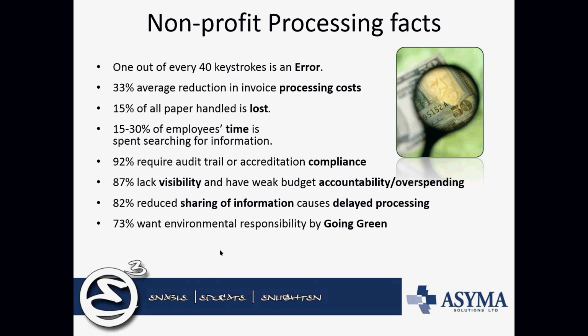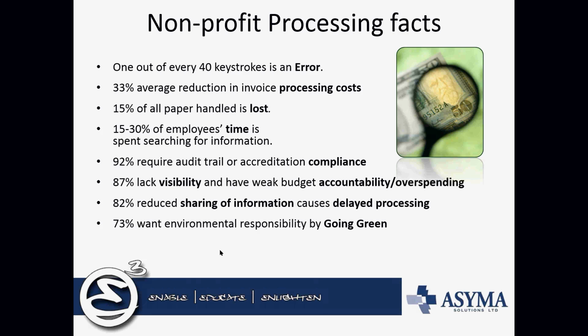Next one, 87% lack visibility and have weak budget accountability and overspending. If we cannot see what's going on in our system, if we cannot see how much money we're actually spending, how can you hold the department heads accountable? What we're going to show today is giving you the visibility so that the department heads can be held accountable and hopefully reduce your overspending.